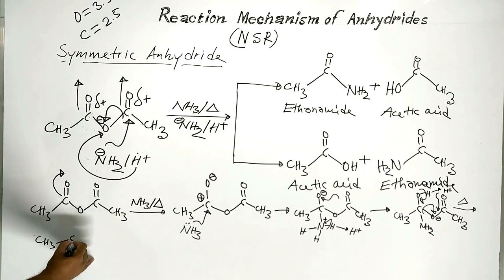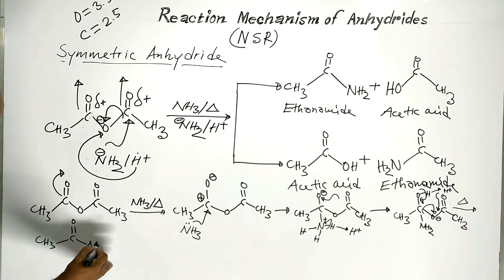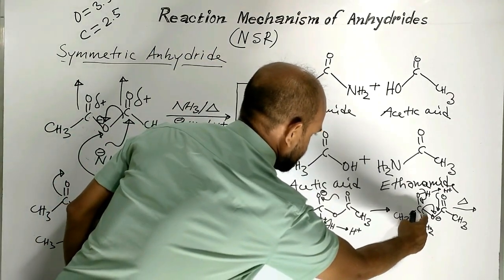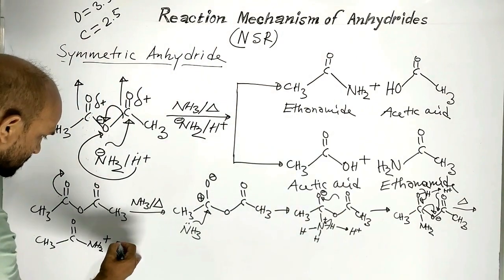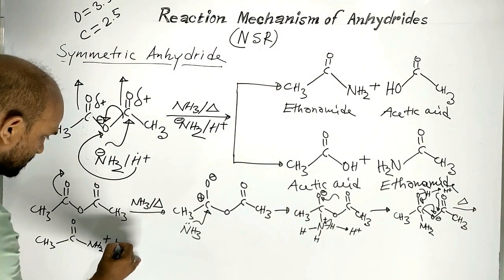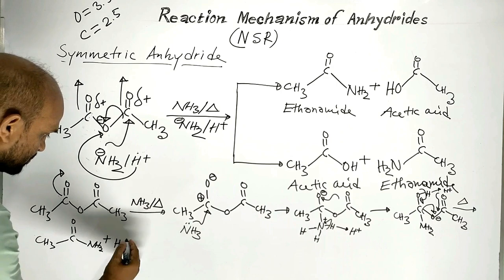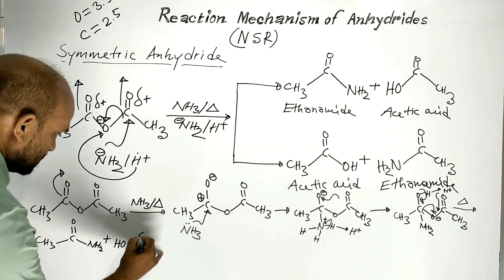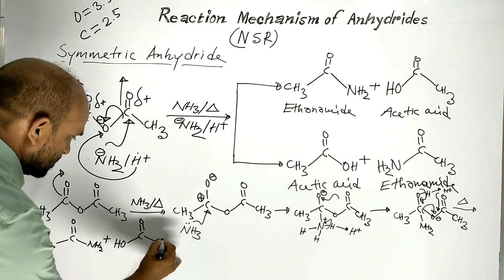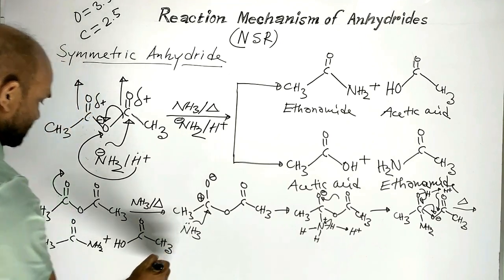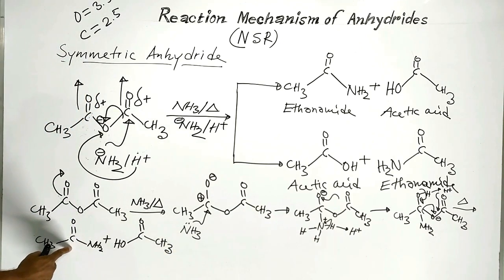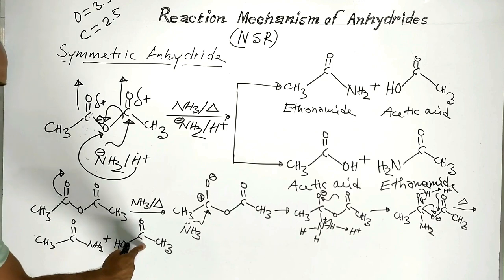CH3, here carbon oxygen double bond, here NH2. This bond is broken, and with oxygen, hydrogen is bonded. Finally, we are getting this, that is ethanamide and acetic acid.